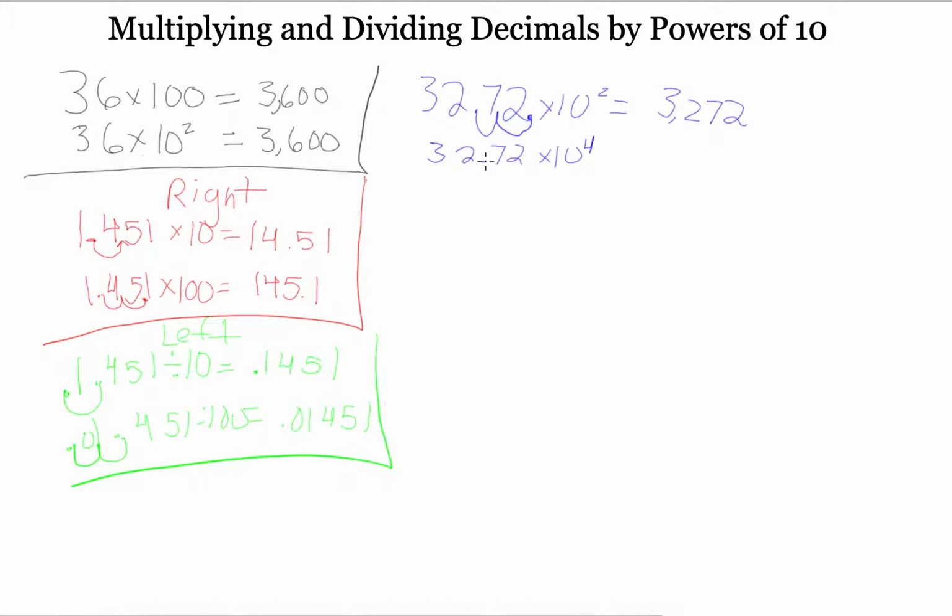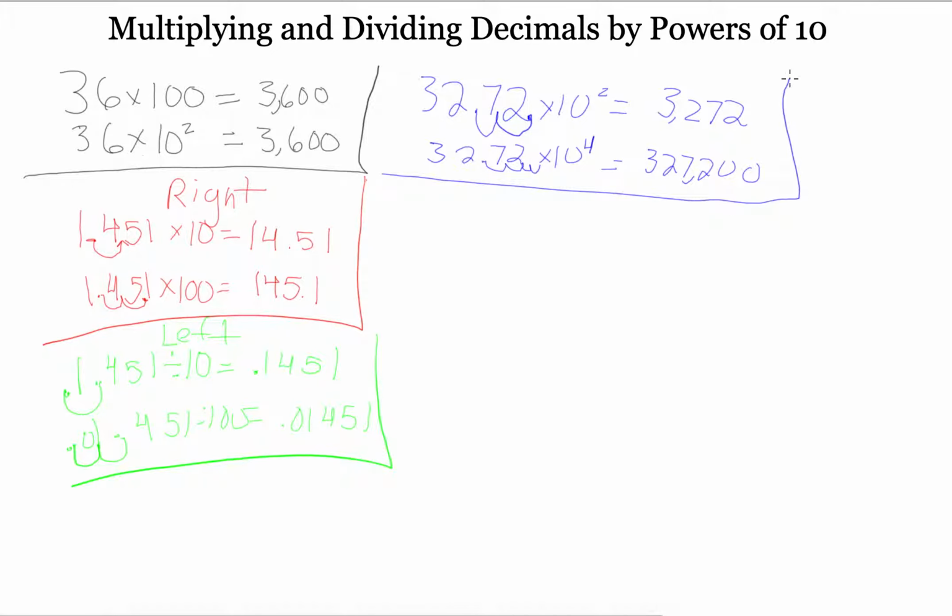So I'm going to move it 1 time, 2 times, 3 times, 4 times. So since we have these 2 blanks here, we have to add 2 zeros as placeholders. So we have 3, 2, 7, 2, and 2 zeros. So our answer is 327,200.